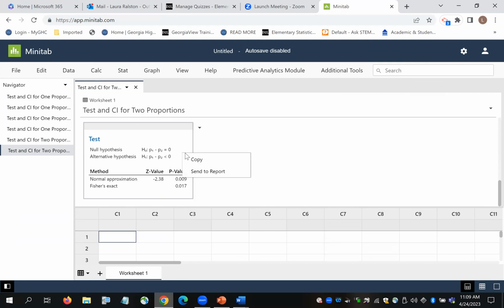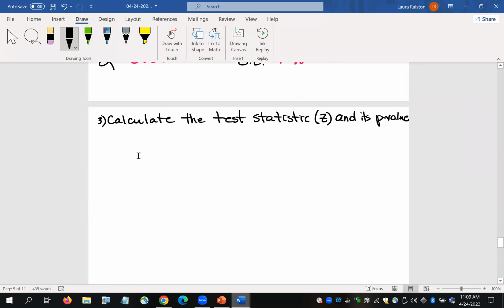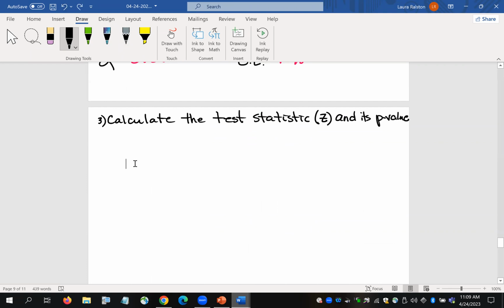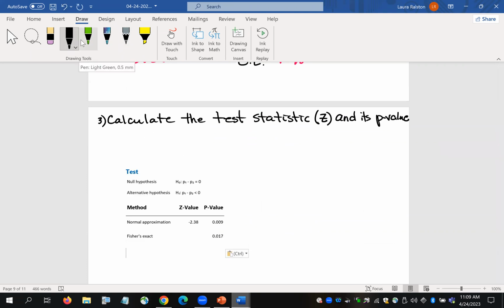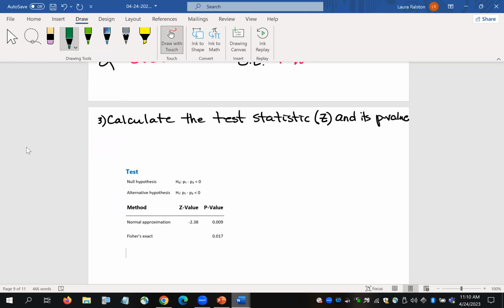Then we scroll down to our test results. I'm going to copy them over to the paper. Again, we are reading the values for the normal distribution or the normal approximation.